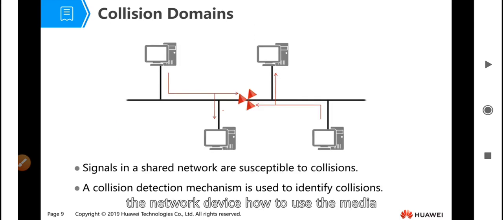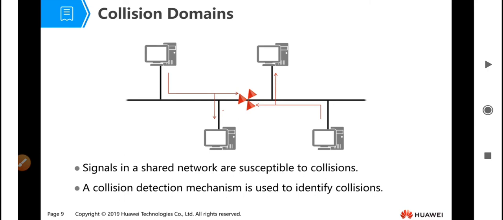And then, the network device, how to use the media. In our LAN, we usually use a shared media, such as Ethernet. Then all the devices are connected to a shared media. Because this media is shared, when two devices send signals at the same time, these two signals collide.